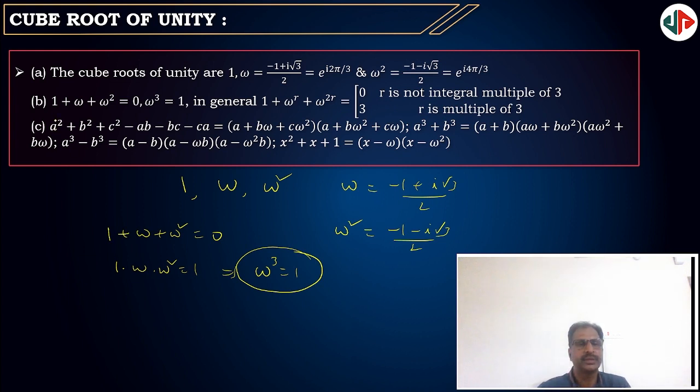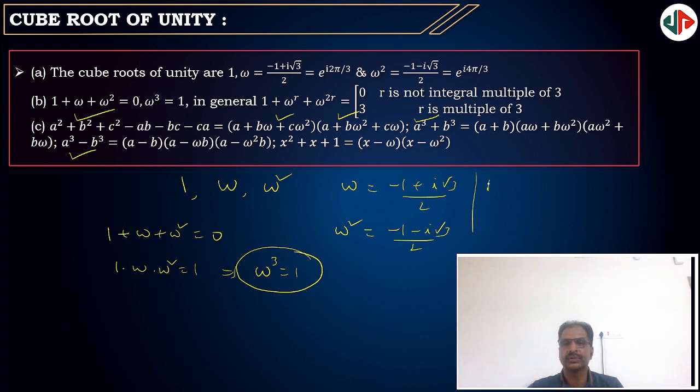Next, remember these identities. a square plus b square plus c square minus ab minus bc minus ca is nothing but product of these two factors: a plus b omega plus c omega square, and a plus b omega square plus c omega. And these are the factors for a cube plus b cube and a cube minus b cube.